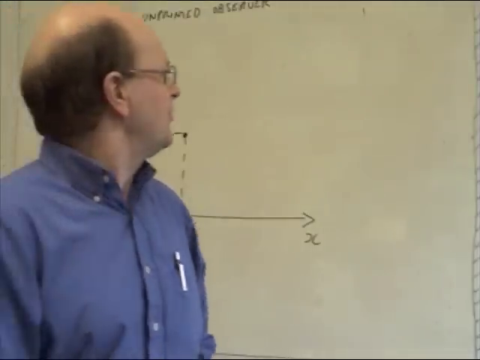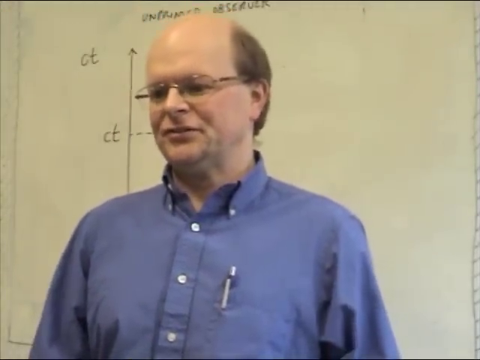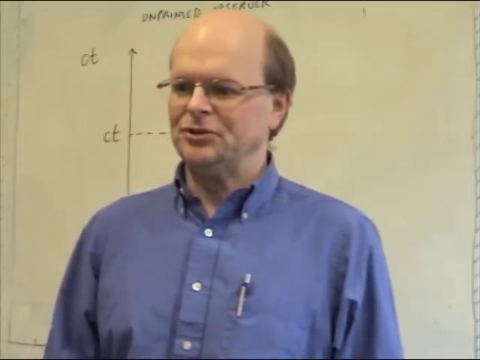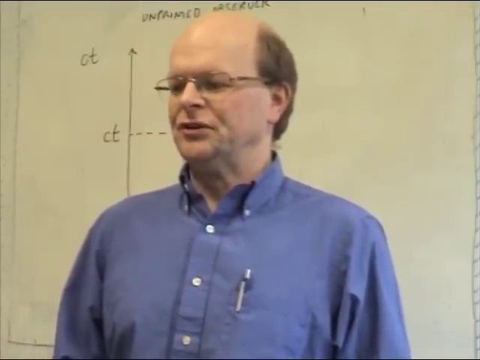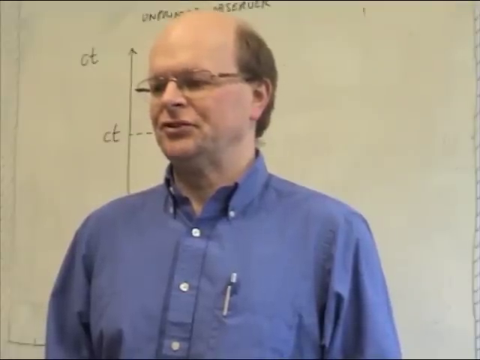Okay, and you can calculate, if you know the velocity of the second observer with respect to the first one, the coordinates measured by this second observer in terms of the coordinates measured by the first one.